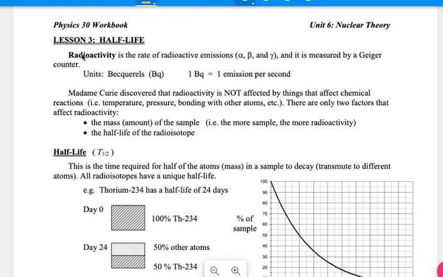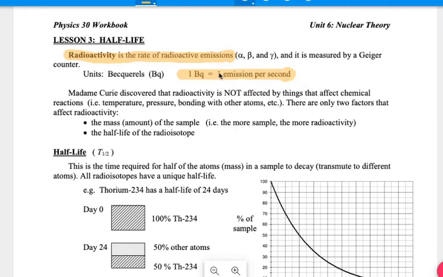So radioactivity, we've all heard this word often, is the rate of these radioactive emissions. So how many of these are being emitted each second, right? Emissions per second is kind of our general way of looking at radioactivity.